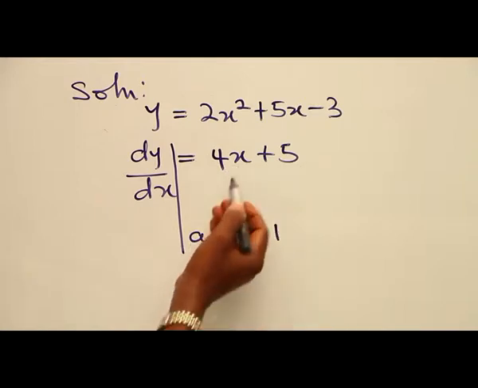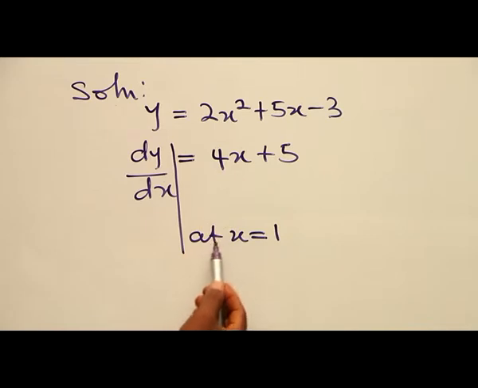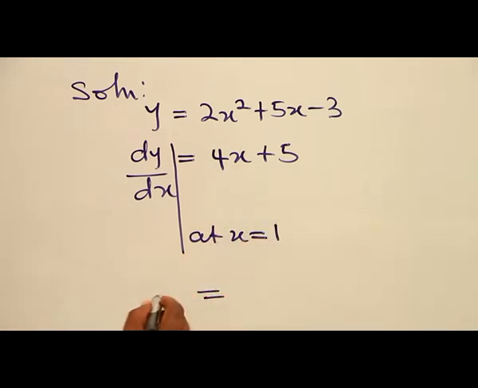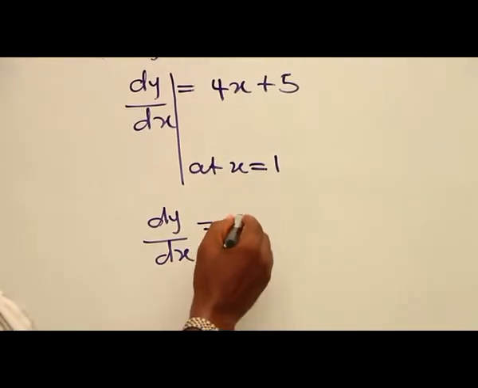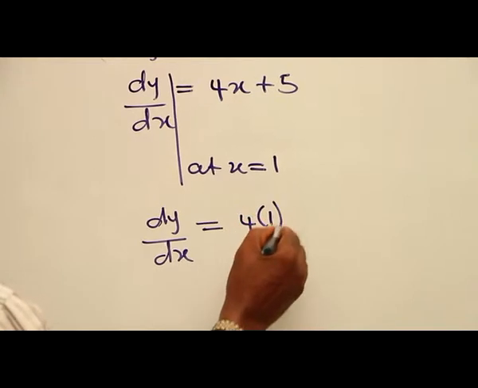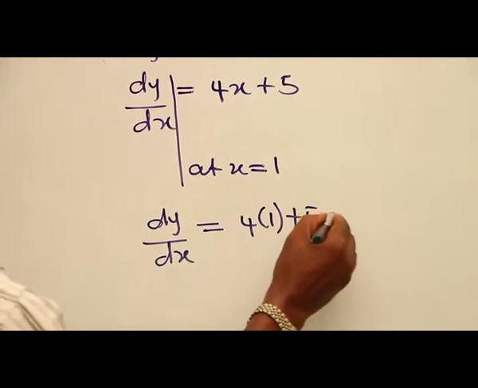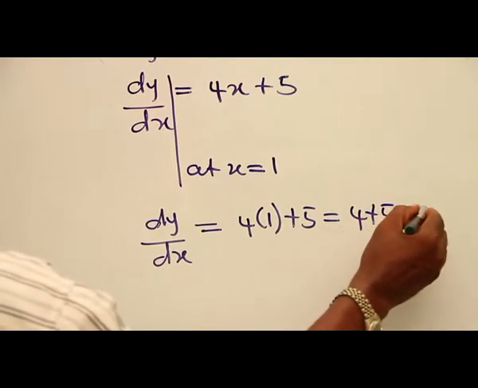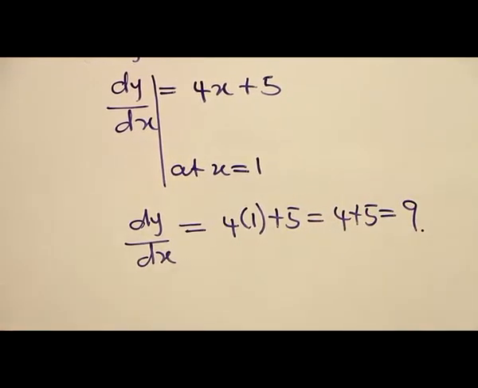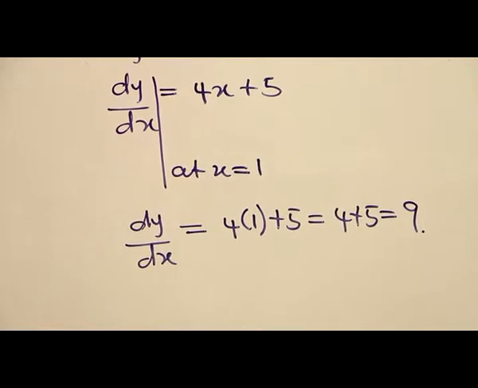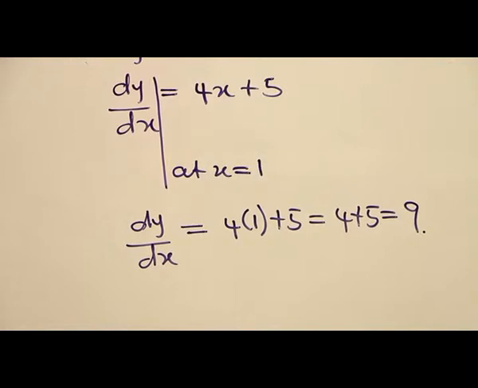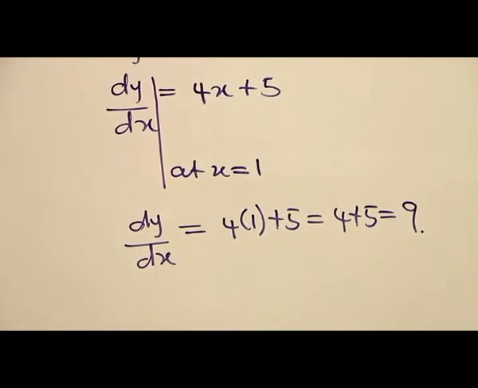So when you consider the derivative at the point x equal to 1, you will now have dy all over dx to be equal to 4 times 1 plus 5. And the result is equal to 4 plus 5, and that will give you 9. So that gives you the gradient of that function y at the point where x equal to 1 and of course y is equal to 4.